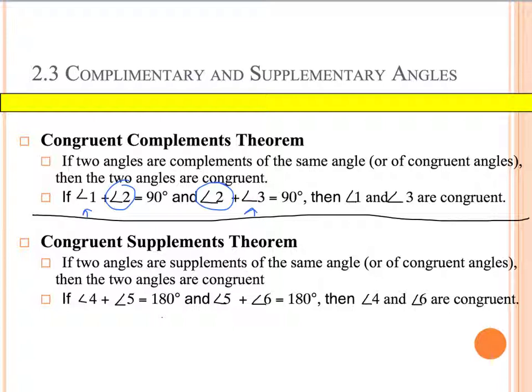Then, if that is true, 4 and 6 are congruent because they both, when added with 5, equal 180. Alright? Questions? Please let me know if you have any questions about that when you see me.